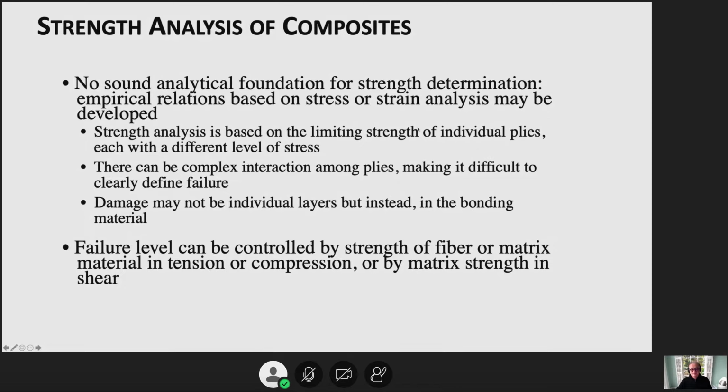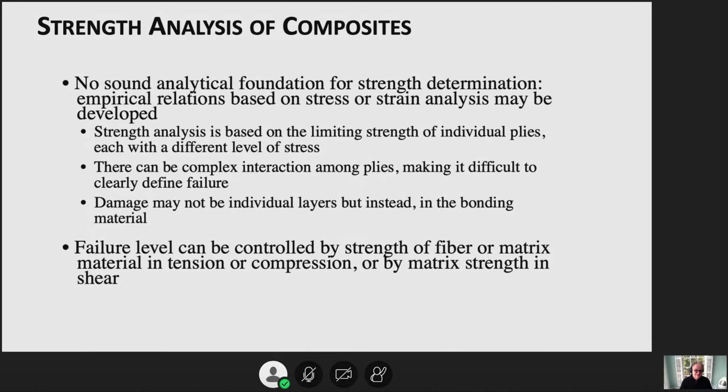And it's typically developed by limiting the strength of individual plies with different levels of stress, and typically avoids or ignores the interaction of stresses between different layers and things happening internally that are so complicated that we really have no practical analysis to perform.